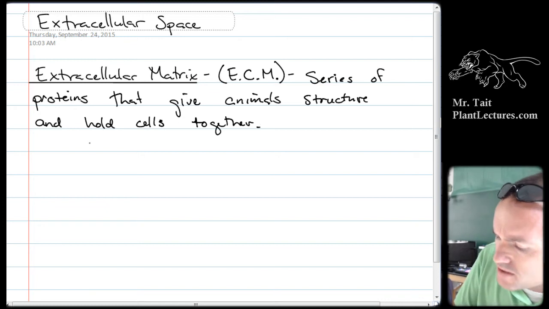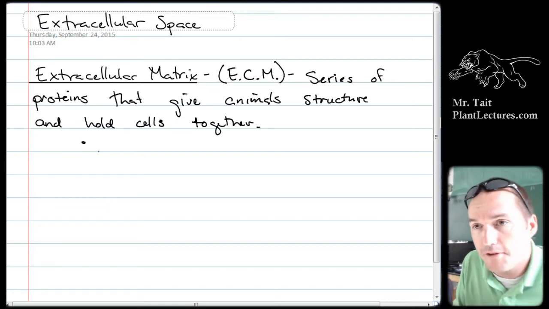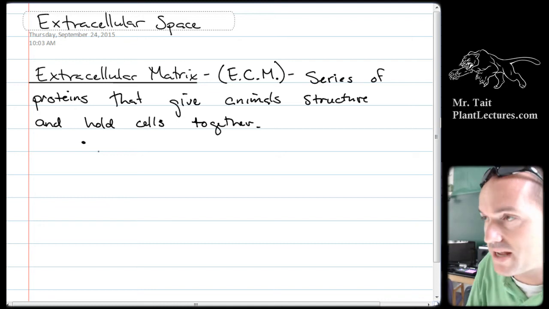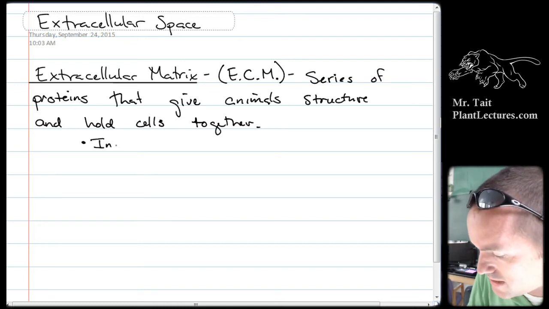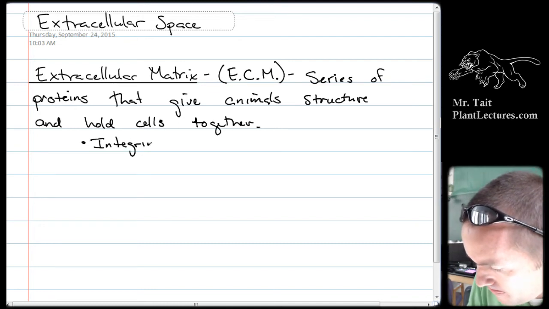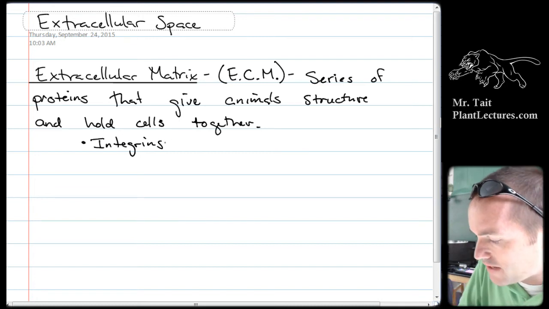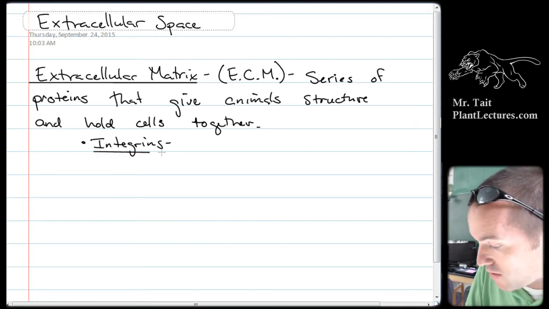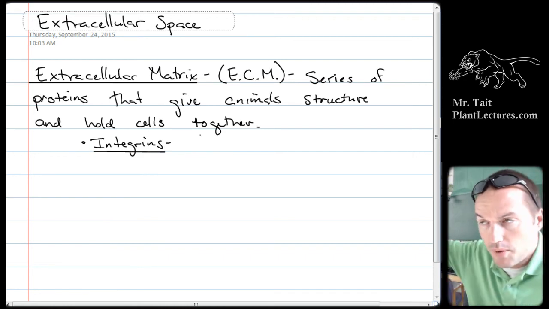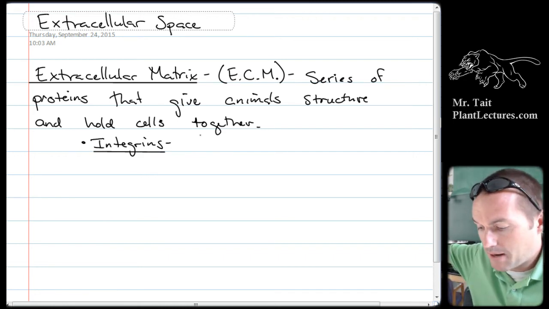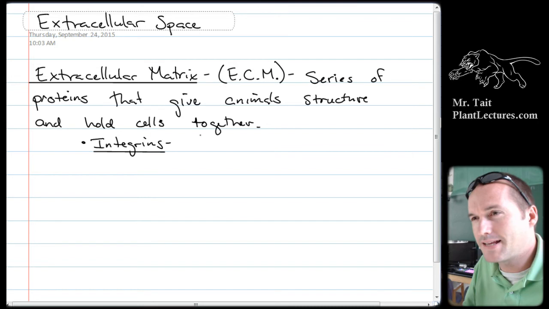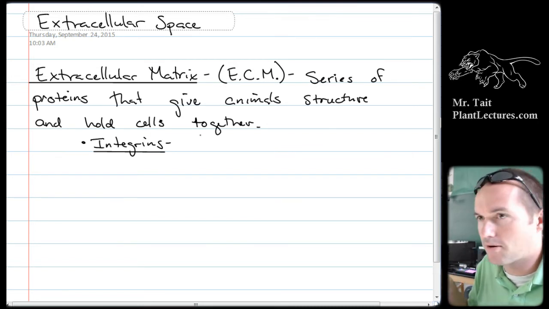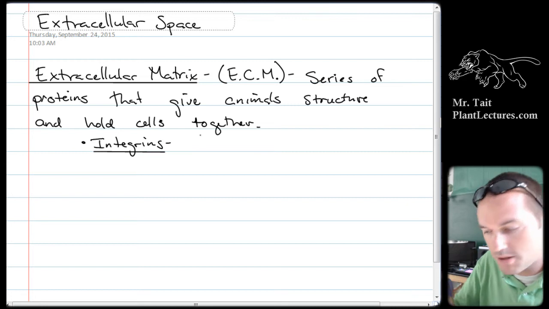So to talk about the extracellular matrix, we need to understand a few different parts of it. Okay, there are these proteins, these transmembrane proteins that are called integrins. And the job of an integrin is to, first of all, be transmembrane. So it goes all the way through the plasma membrane. And on the inside, it's going to attach to that mesh of microfilaments that we were talking about earlier, the one that resists the crushing force, right?